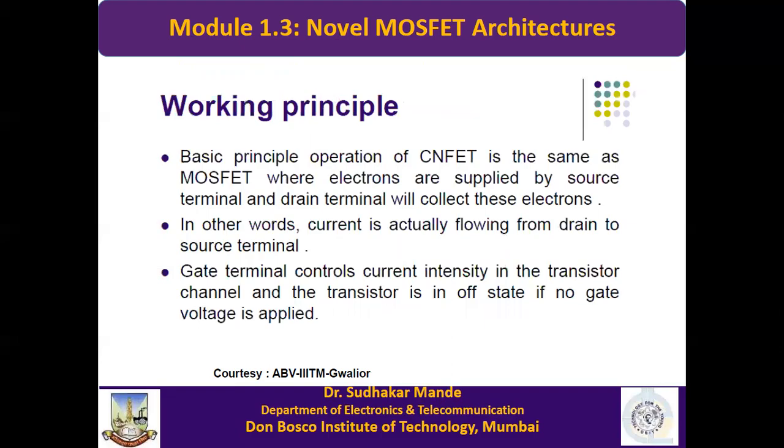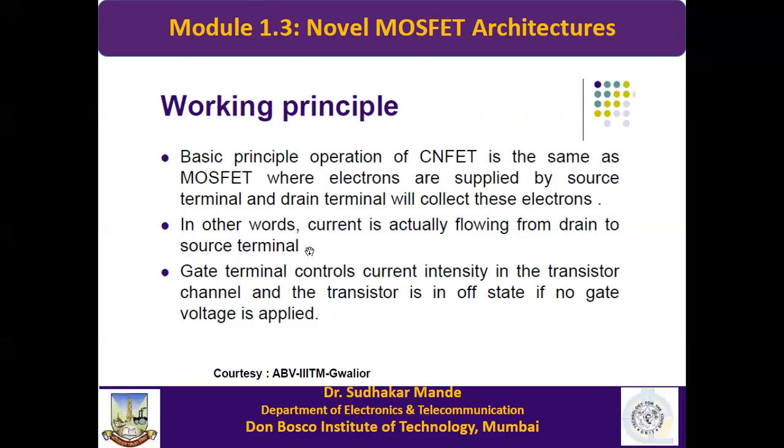Now, working principle. As I mentioned, the working principle is the same as that of a MOSFET. In a MOSFET, electrons are supplied by the source and the drain terminal will collect these electrons. In other words, current is actually flowing from drain to source terminal.